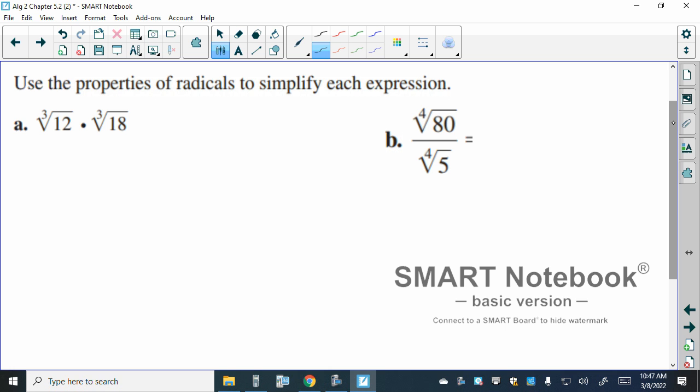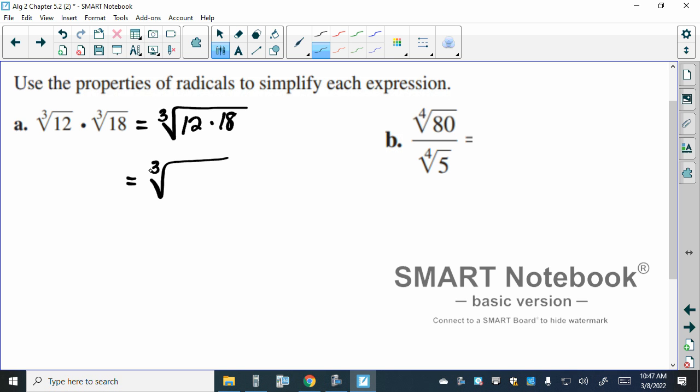So, if we look at the first one here, we have the cubed root of 12 times the cubed root of 18. Well, the first thing we can do is just multiply these together and say that we have the cubed root of 12 times 18.